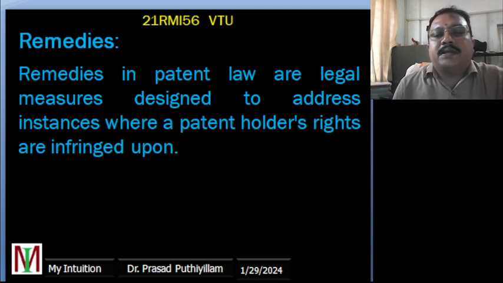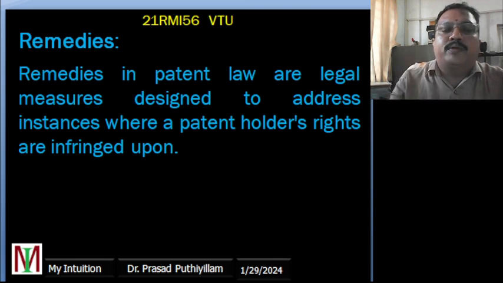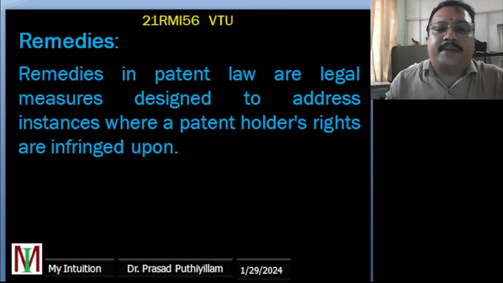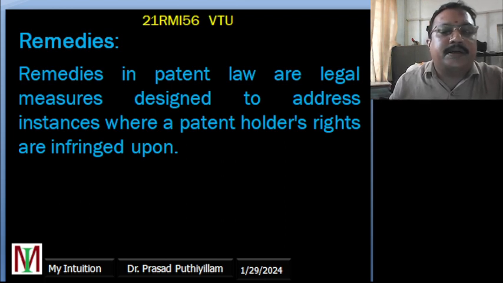These remedies serve as the way to protect the exclusivity granted by a patent, and ensure that the patent holder is appropriately compensated for any unauthorized use of their invention. The primary remedies are injunction, account of profit, and cost. All these three terms come under that. So we'll see one by one.